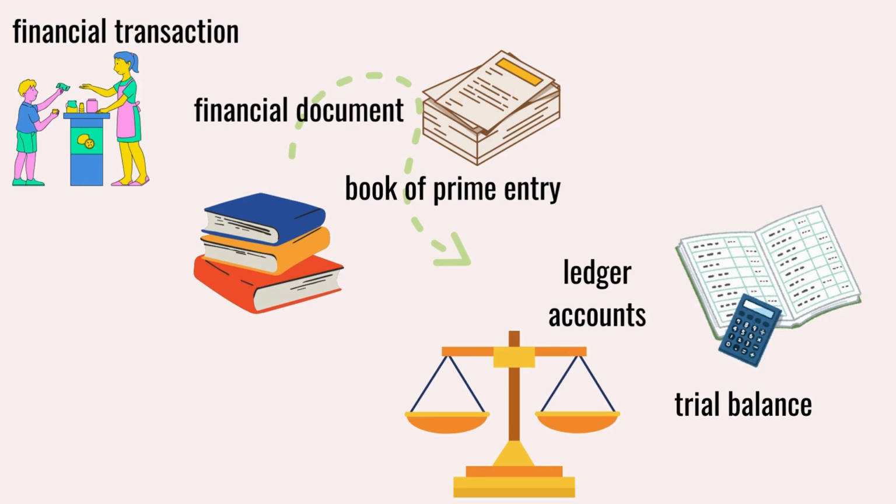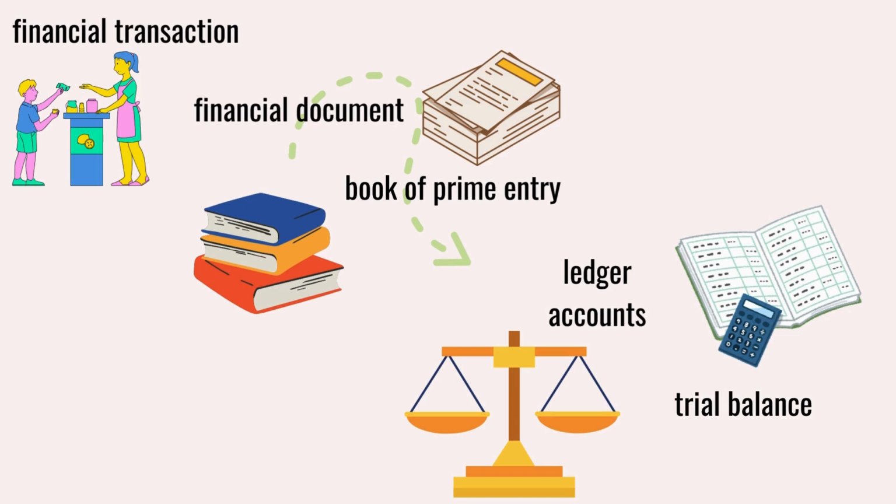Each ledger account, like the sales ledger for the customers and the sales ledger, is going to have a remaining balance, maybe a credit balance or a debit balance, and all these balances for each ledger are put onto the trial balance.